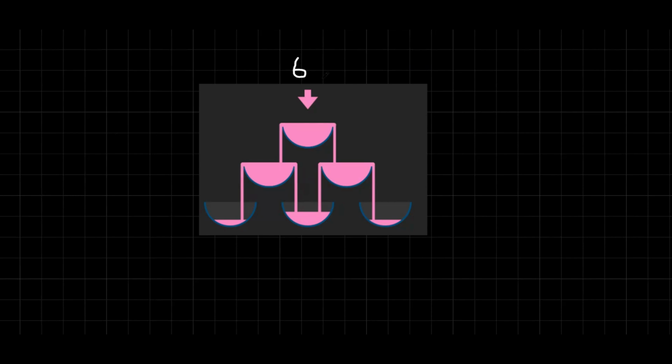So here, 6 units of champagne come into the first glass. Now, the capacity of the first glass is 1 unit. So, the remaining 5 units of champagne will be divided into 2 parts and fall in equal parts to the left and to the right. So here, in the right part, 2.5 units of champagne will be moved, and in the left part, 2.5 units of champagne will be moved.